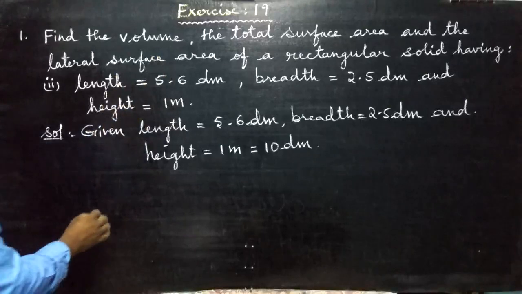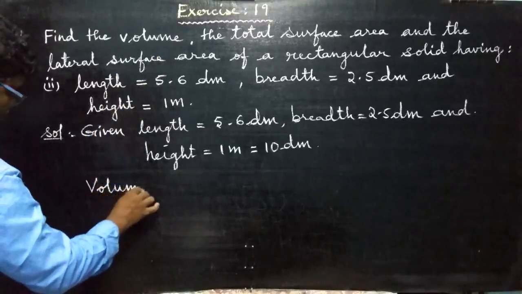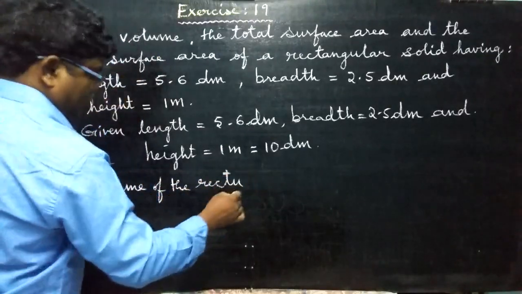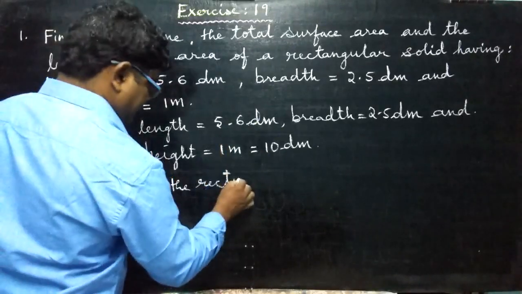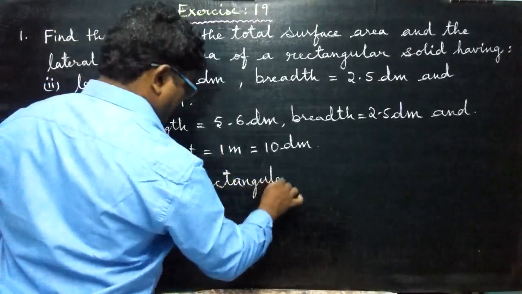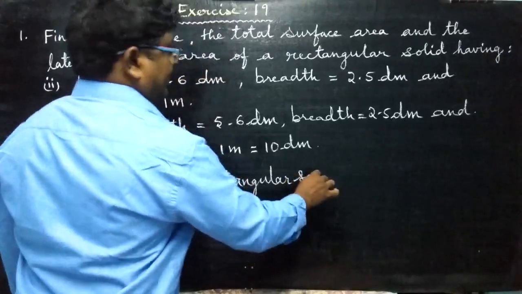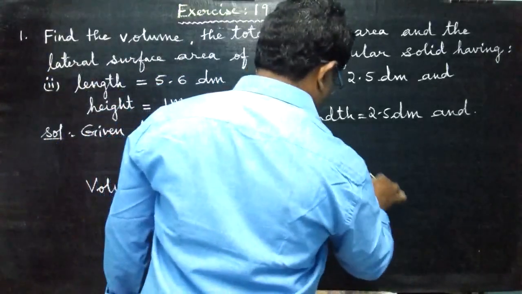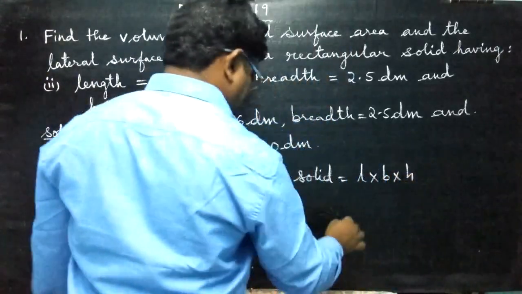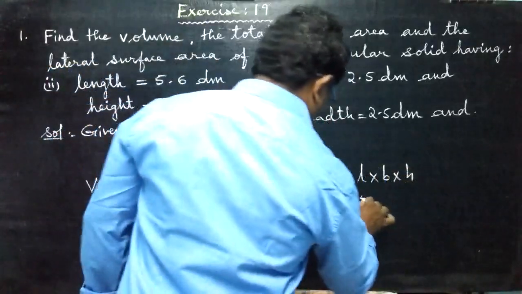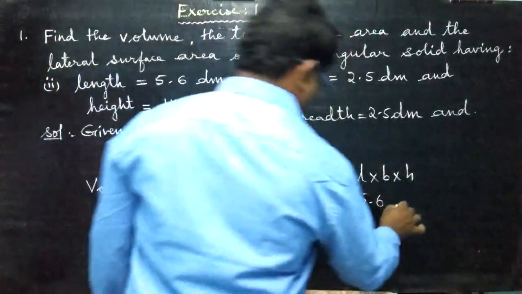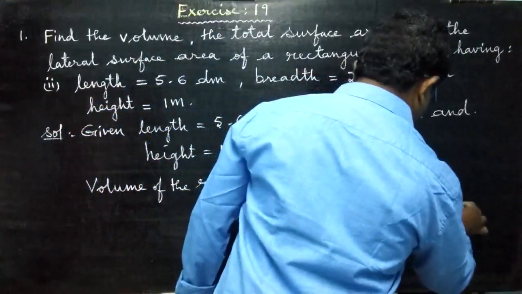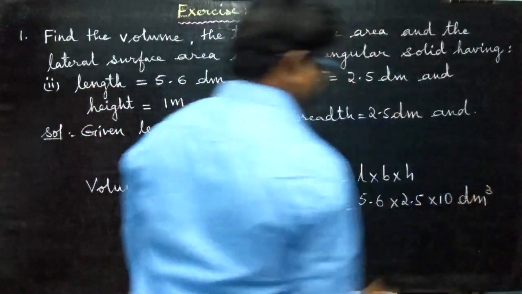First, they are asking to find the volume of the rectangular solid, means cuboid. Volume of rectangular solid, in bracket if you want, write cuboid, is equal to L into B into H. That is equal to 5.6 into 2.5 into 10 decimeter cube.